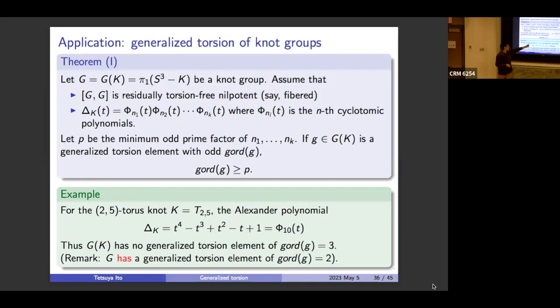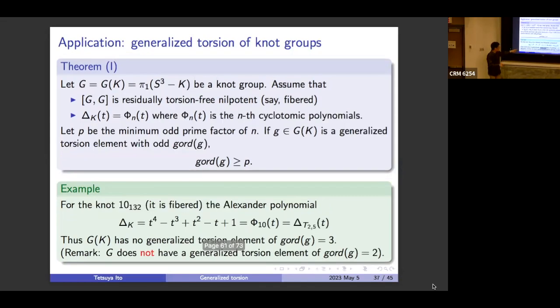For the (2,5) torus knot, applying this theorem, we conclude that a generalized torsion element of order 3 never exists. But a generalized torsion element of order 2 actually exists. In a slightly different case, the knot 10_132, the Alexander polynomial is the same as the torus knot, so the knot group has no generalized torsion element of generalized torsion order 3. In this case, G does not have a generalized torsion element of order 2.